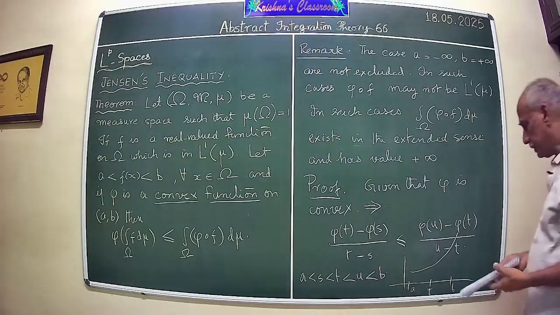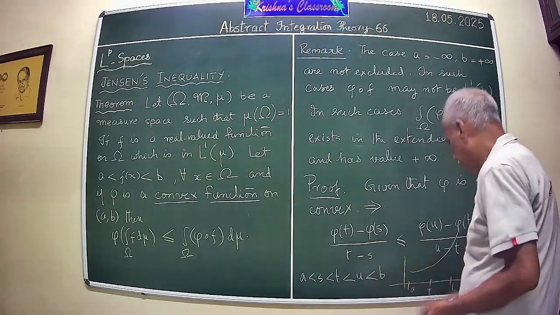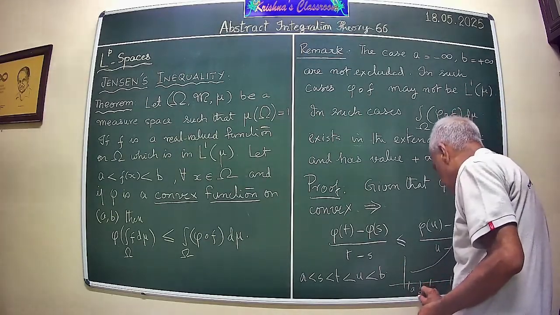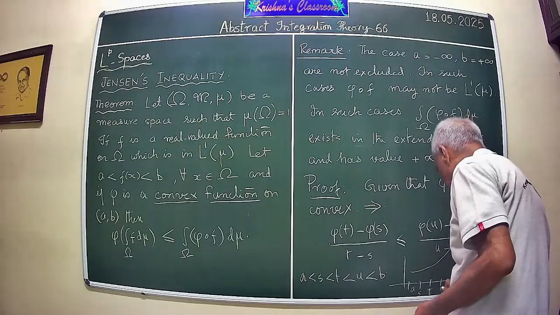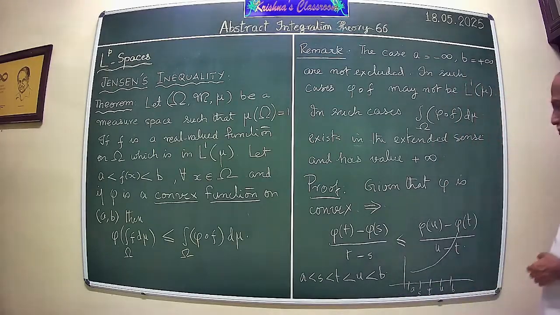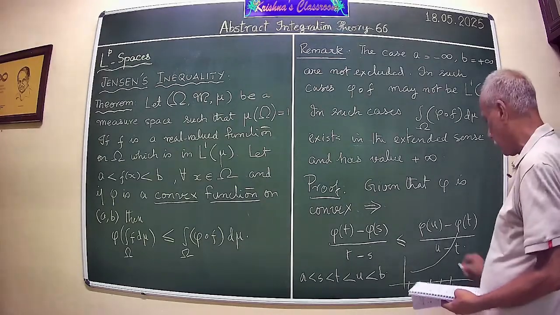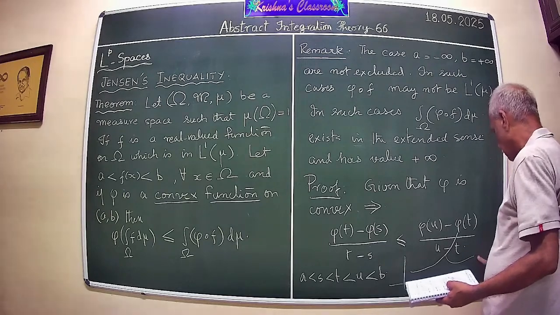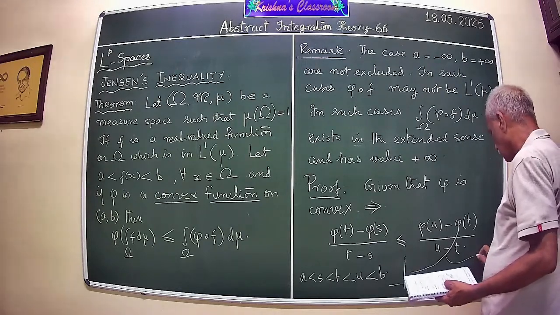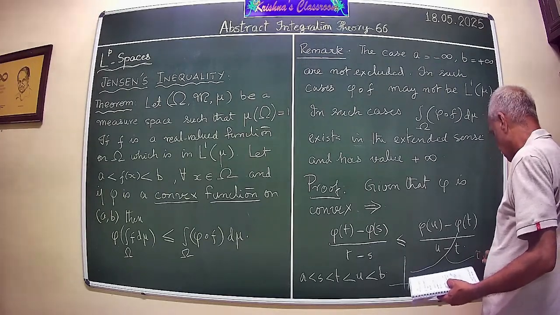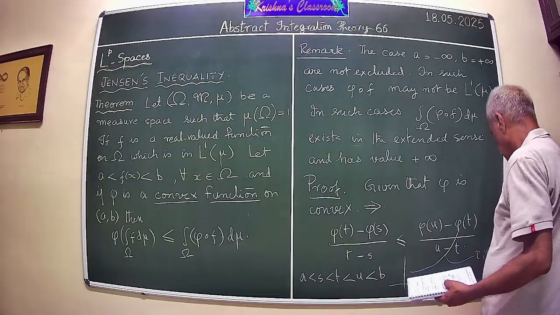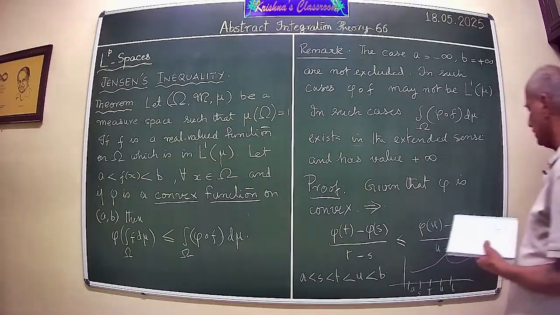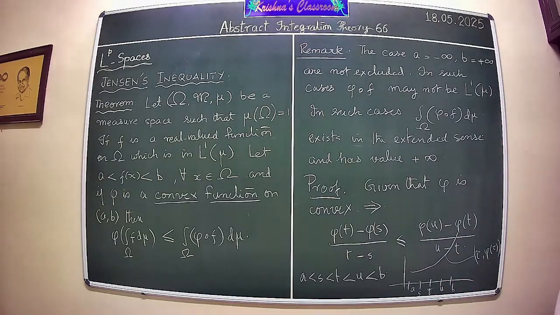So you have got t here and s is here and u is here. Okay. So phi(t) minus phi(s), suppose this is the function phi. That is phi(t).